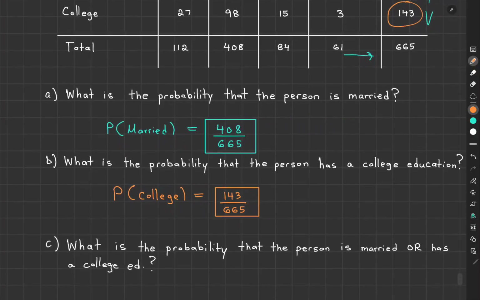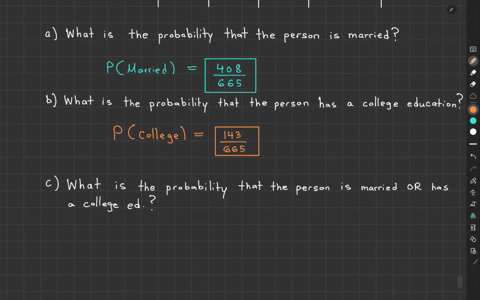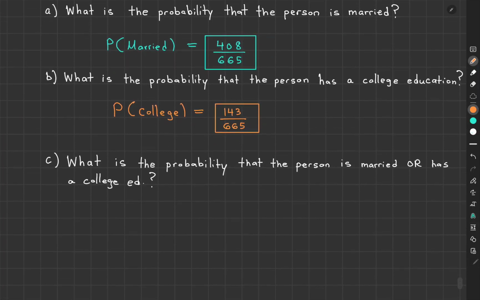Now, we're going to consider what's the probability that the person is married or has a college education. Well, this is going to meet our probability of A or B formula.